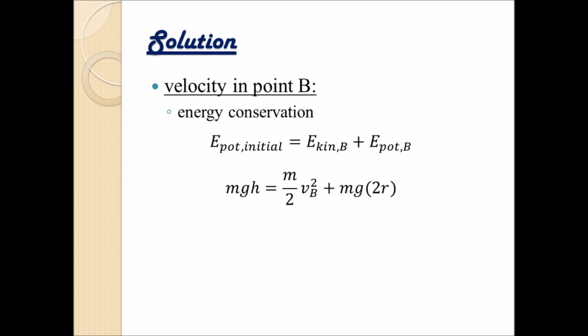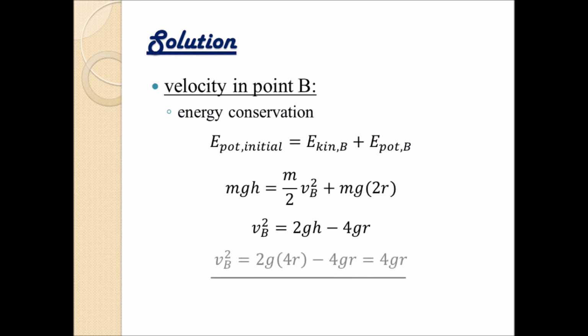Does this help us? Yes, of course. We wanted to know the velocity in point B. And since we can see here that we still have the height h and the radius r in our equation on the right-hand side, we know that the height h equals 4 times r. We can make a very simple equation out of it. We know that the velocity in point B squared equals 4 times g times r.